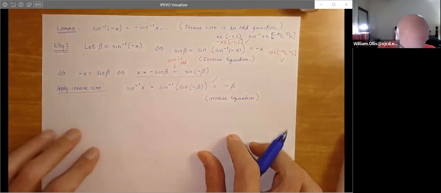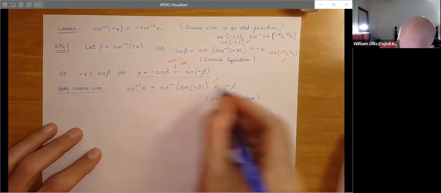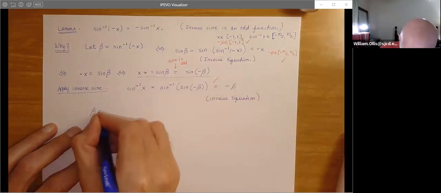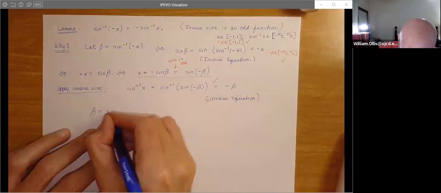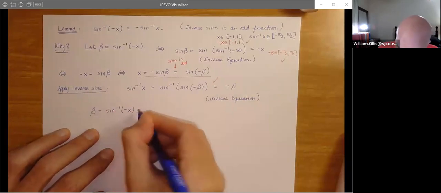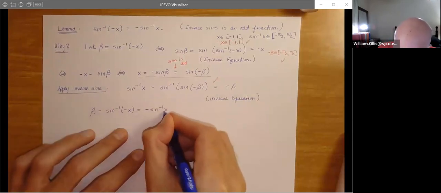But now we're good. So we've got negative b equals inverse sine of x. So multiply through by negative. So we get b, which is the inverse sine of the additive inverse of x, equals the additive inverse of the inverse sine of x, which is what we wanted to show.